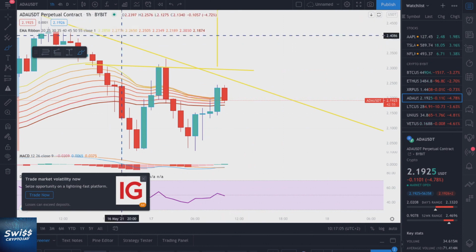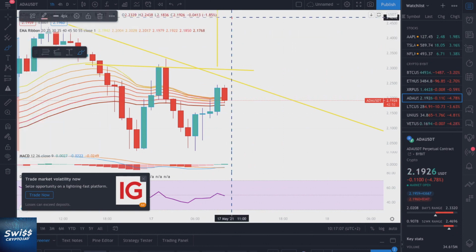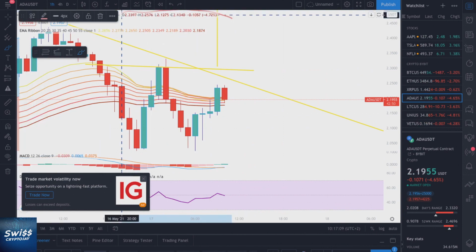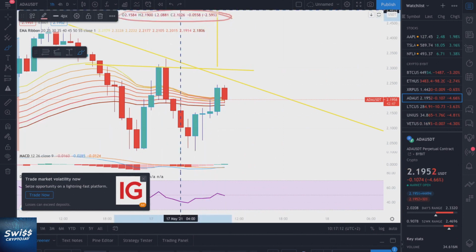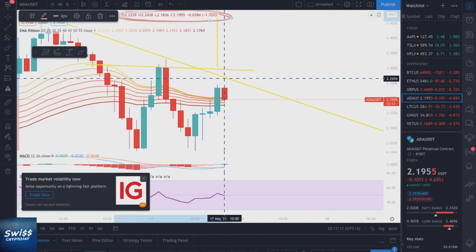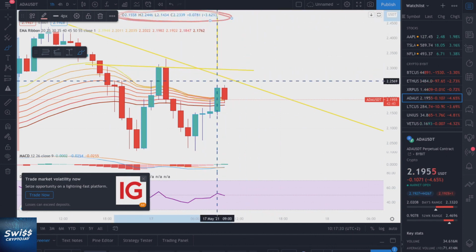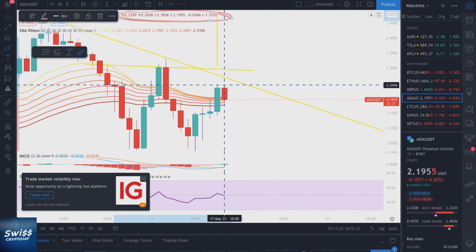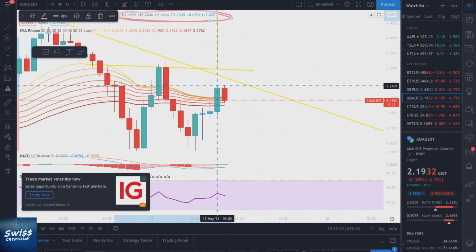We always have the most important information that we need up here. I try to draw this in here where my red circle is. This information is important before I even open a trade. If you go with the crosshairs or with the mouse on the existing candle or on the candle that closed before, we see the open of this candle was 2.1558. The high was 2.2446 and the low was 2.1434.